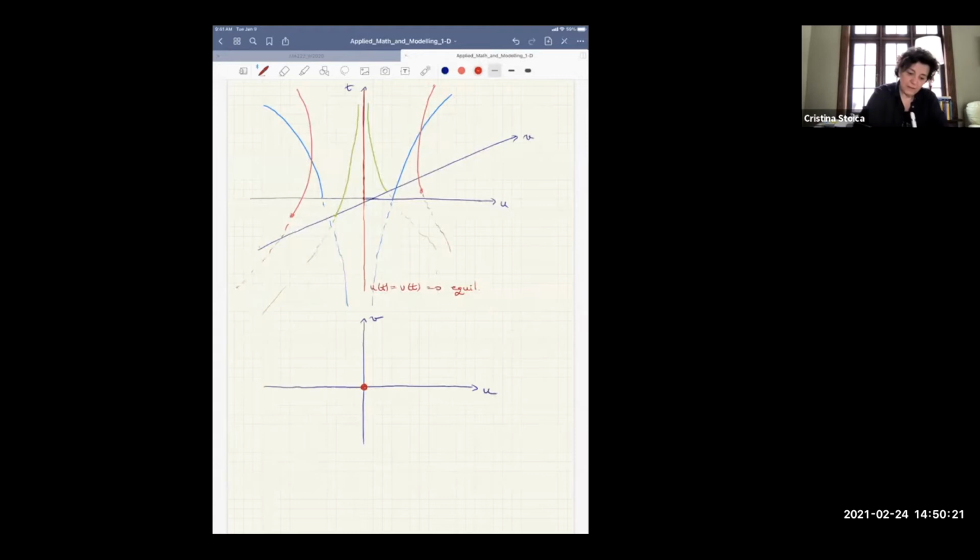And for the light blue ones, they will be only along the U-axis. So these are the curves drawn with the light blue. And as t goes to infinity, they go away from the red dot.